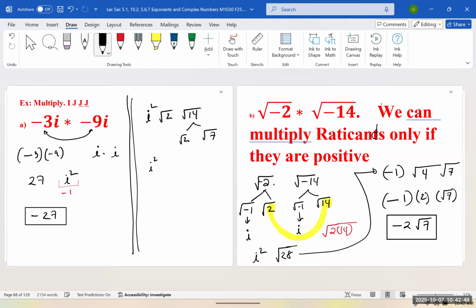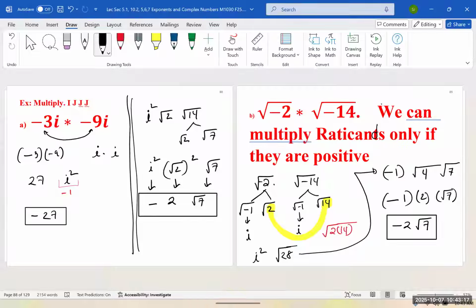So you have i squared, square root of 2 squared, and square root of 7. i squared is -1. Square root of 2 squared is 2. And this is not breakable or reducible. So you keep it. And that's the final answer. This is another way of doing it.